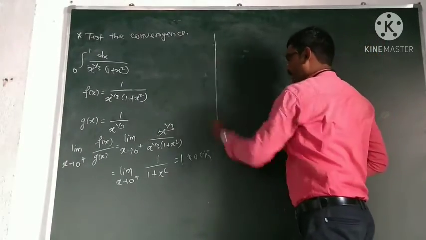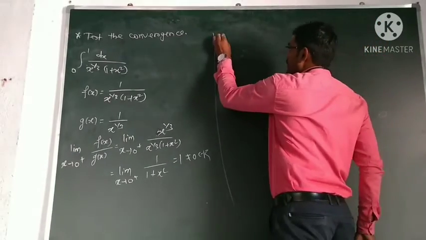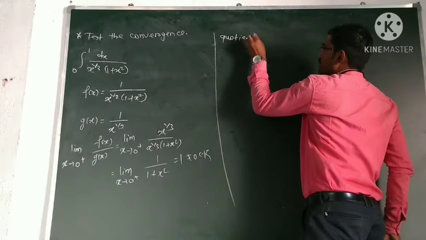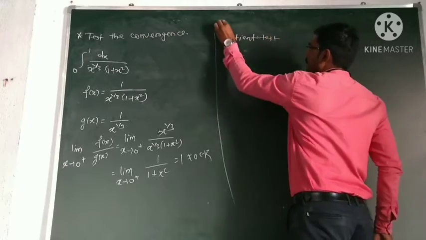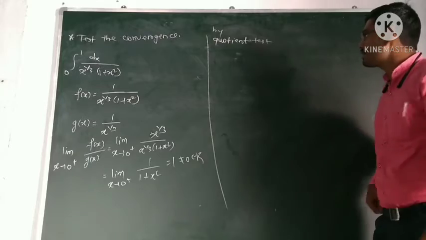So by the limit comparison test, or quotient test, both the improper integrals converge or diverge together.